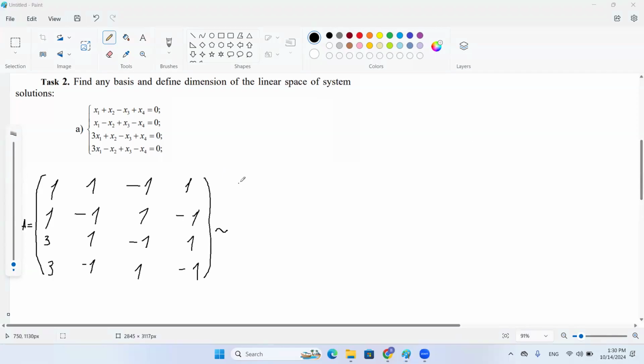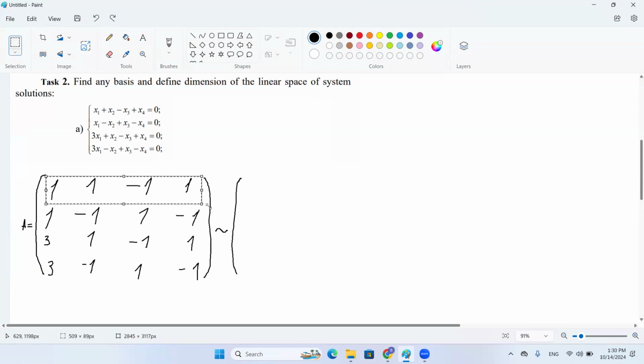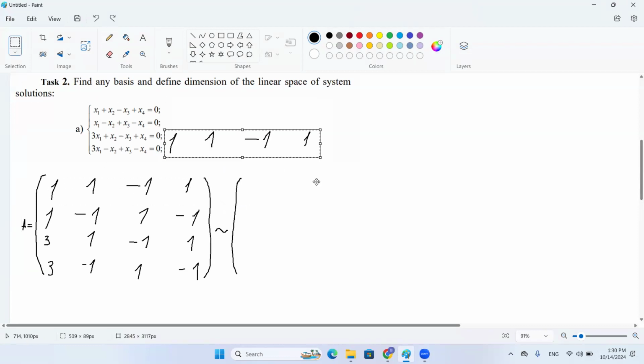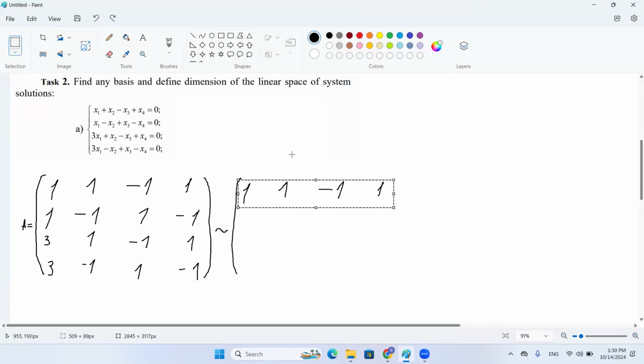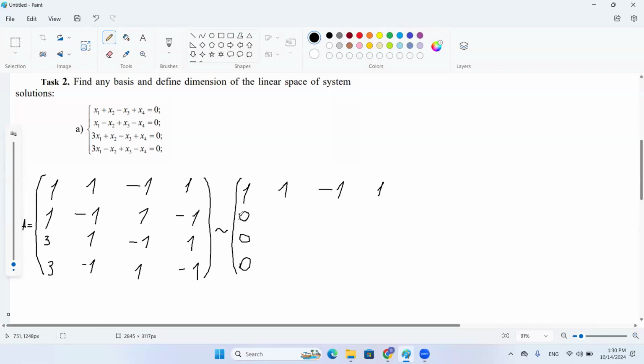Okay, let's start solving. So I will write the first row without changes, or maybe better copy and paste it. It will be many times faster. So here I set zeros. I need to subtract the first row from the second row.